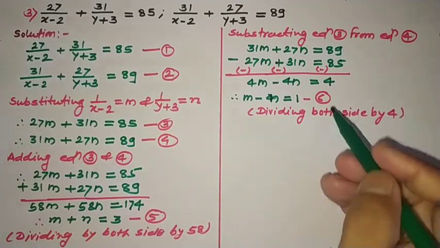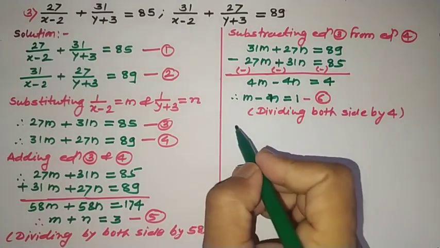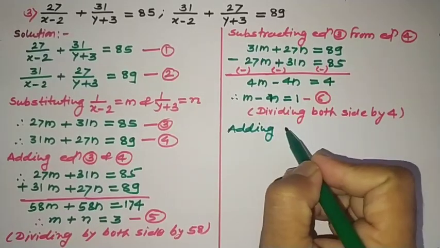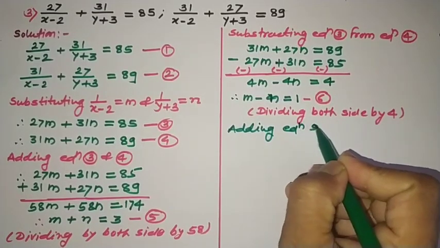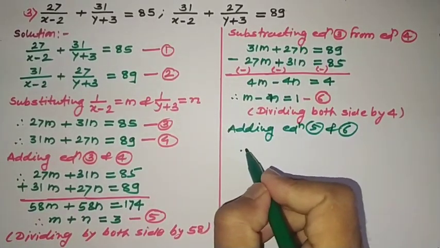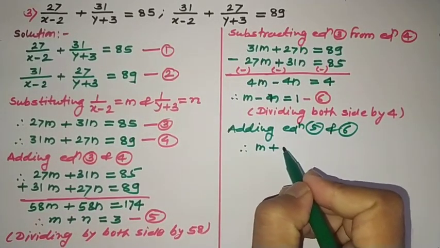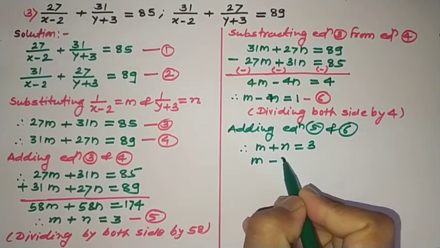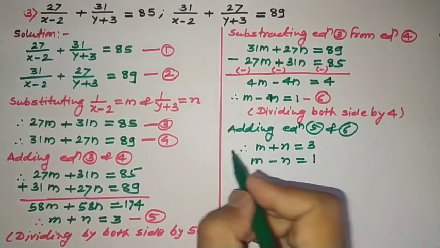In equation 5 and 6, adding equation 5 and 6: equation 5 is m plus n is equal to 3, and equation 6 is m minus n is equal to 1.